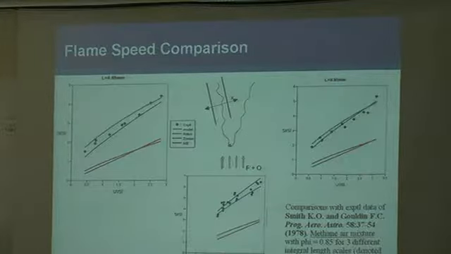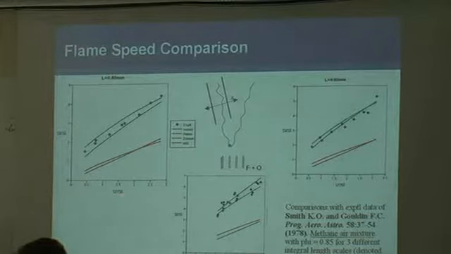So now we start comparing that expression with different measurements. This is the experiment done in 1978 by Fred Goldin at Cornell for a V flame. The flame is stabilized on a rod and the reactants are flowing like this, and they measured the flame speed. I trust this data, so that's why I'm using it to compare with my model.